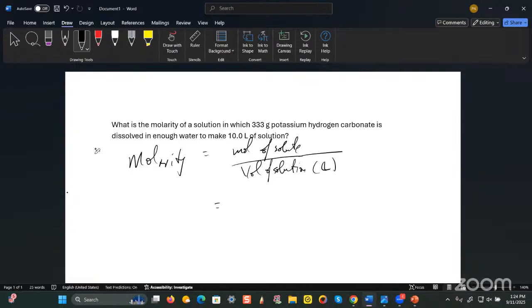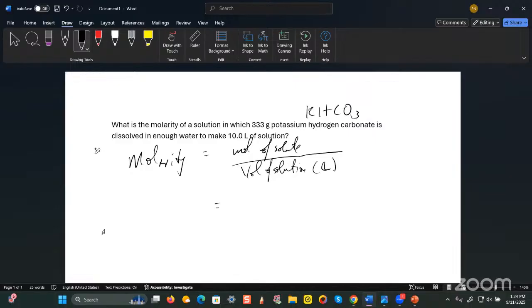Okay, we need to find the molar mass of potassium hydrogen carbonate, right? Which means we need a formula for potassium hydrogen carbonate, right? So what's the formula for potassium hydrogen carbonate? Anybody? Yes, ma'am. KHCO3, all right?